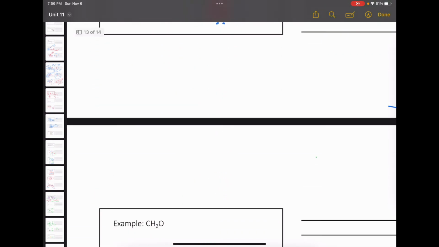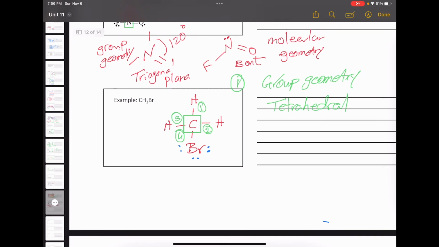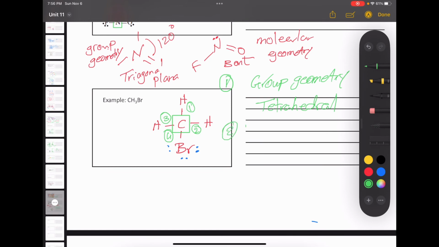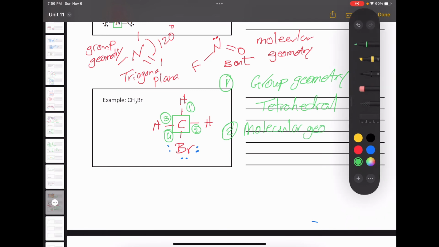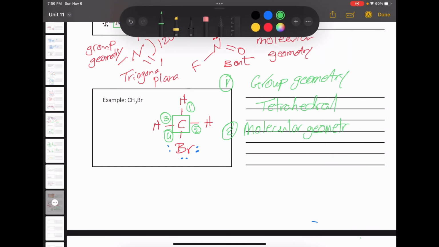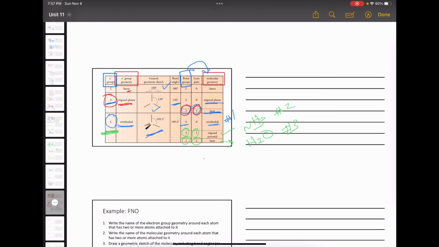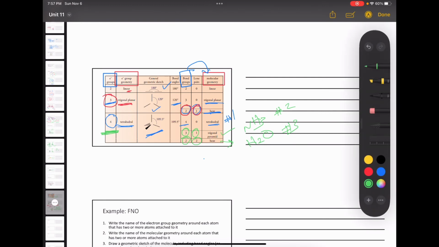Let's go back now and try to figure out what the molecular geometry is. Now, if we have any non-bonding pairs or lone pairs of electrons on the central atom, that's where my group geometry will be different from the molecular geometry. So if we go back to our table here, for the tetrahedral, as we see here, we have 4 for the group of electrons, so that would be tetrahedral.